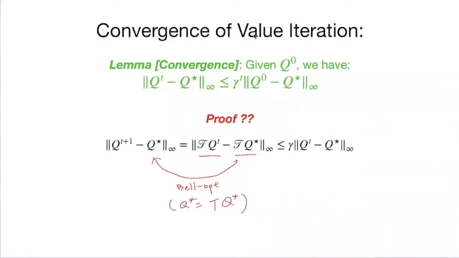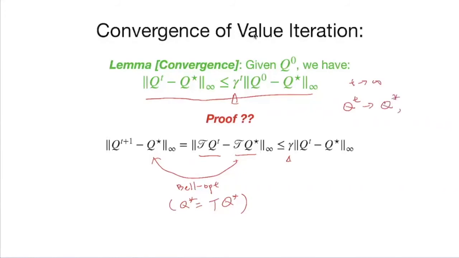So now we get a one-step improvement, and we can repeat the same process over and over again. If you do T many iterations, this is the conclusion we get: the difference between our estimator Q t and Q star shrinks exponentially fast, in terms of gamma to the T. And when T approaches infinity, Q t approaches Q star.